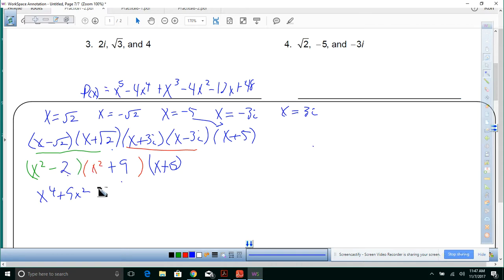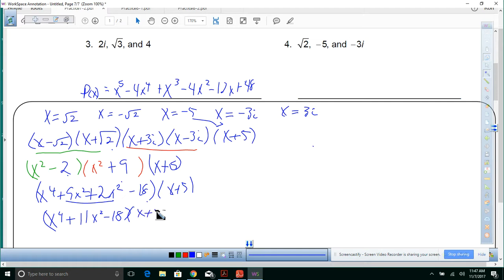So 2 times, that's going to be plus 2x squared, and that's going to be minus 18. All right, and it's going to be times x plus 5. And so we've got some stuff here we can combine. We got x to the 4th plus 11x squared minus 18 times x plus 5.